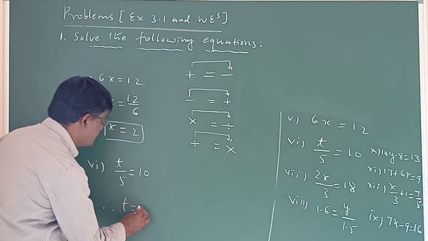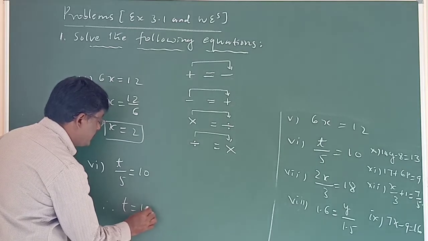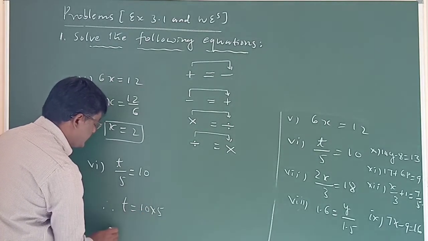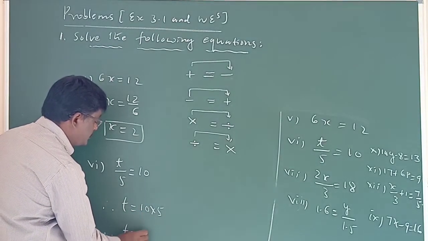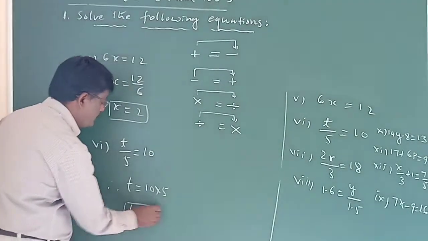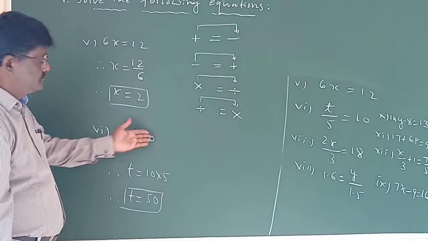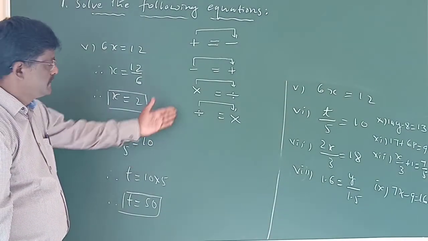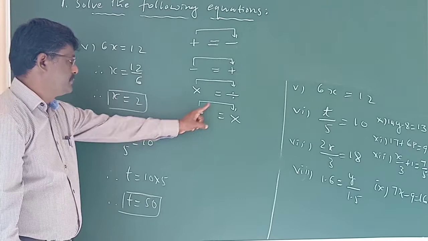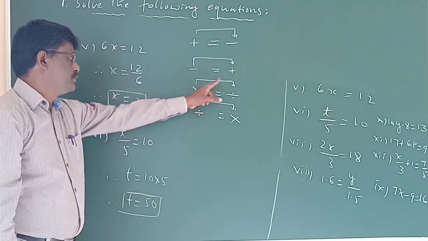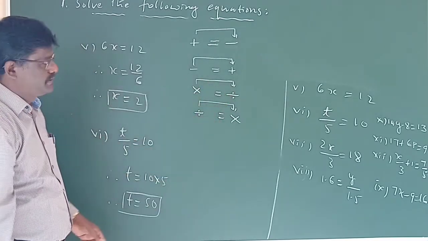Thus, now t equal to 10 into 5. Therefore, t equal to 50. If you have any doubt, let us check. 50 by 5 comes 10. So, in case of division, it becomes into, and if it is into, it becomes divided by.